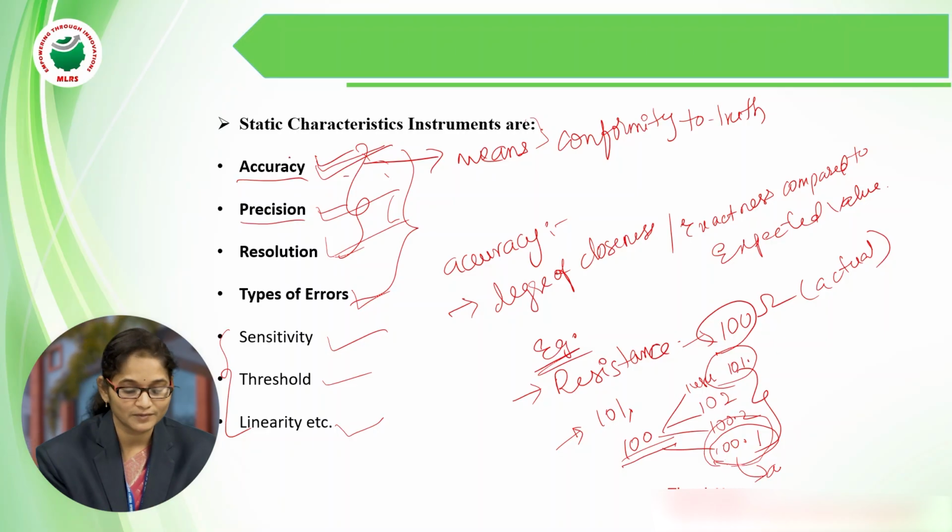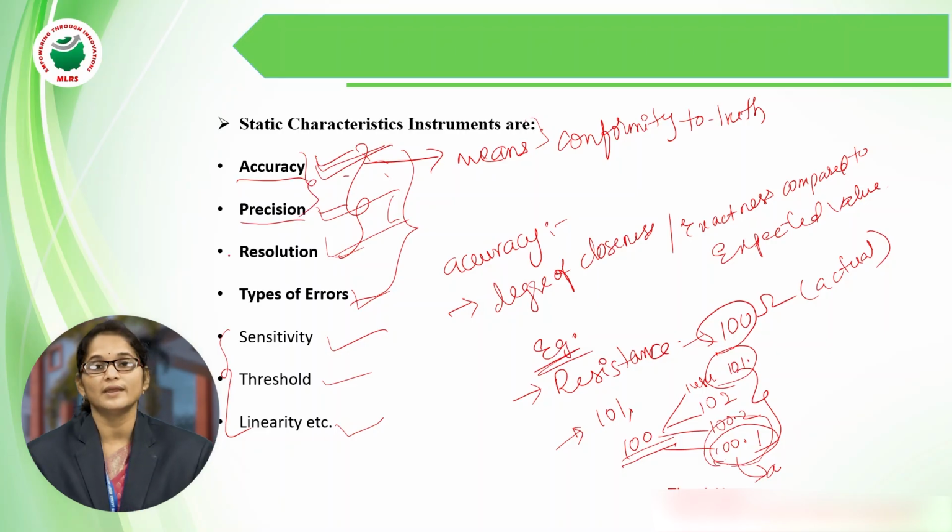The difference is that accuracy is about the device we use to measure the unknown value under test, whereas precision is the process by which you determine the unknown value.